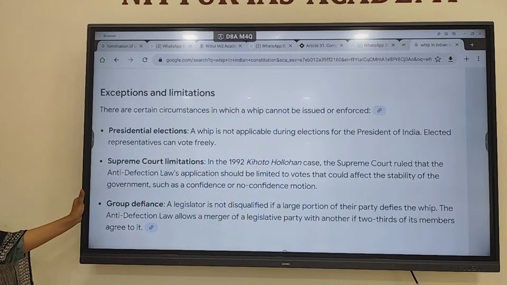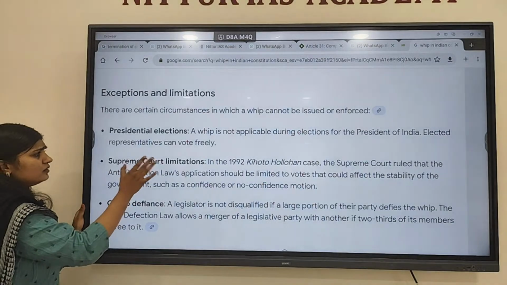It doesn't matter there. The whip does not apply. There will be a candidate from Congress and one from the BJP for the presidential election. A Congress MP can vote for the BJP presidential candidate as well. The whip does not apply here, and anyone can vote freely in the presidential election.